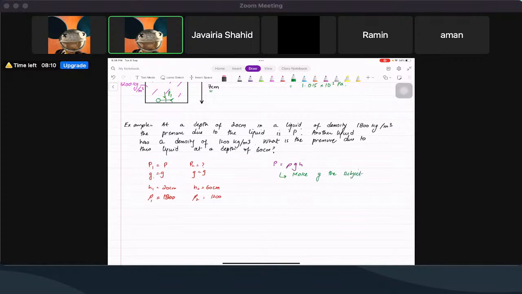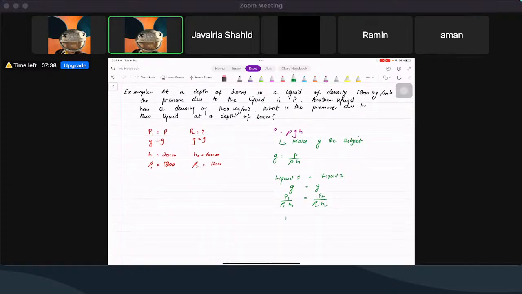If I write g equals to pressure over rho and h, and then you can combine that for the liquid 1 and liquid 2, g is equal to g, hence I can write P1 over rho 1 H1 equals to P2 over rho 2 H2, like that. It's simple ratio.